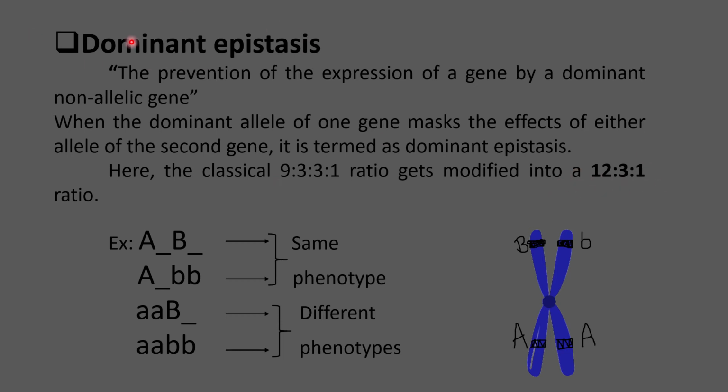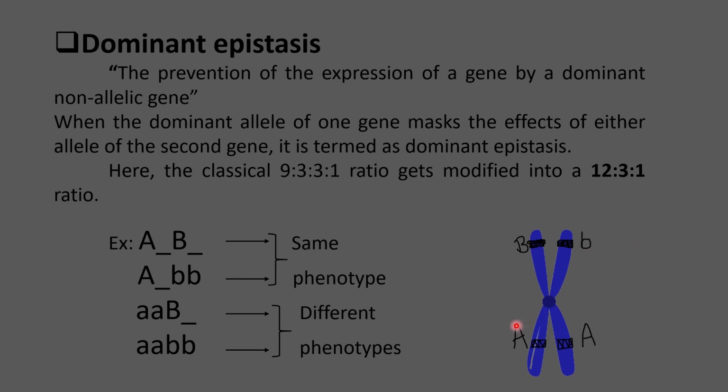The dominant epistasis F2 phenotypic ratio will always be 12:3:1. What actually happens here is when a dominant allele at one locus, for example A, produces a certain phenotype regardless of the allelic condition at the other locus.